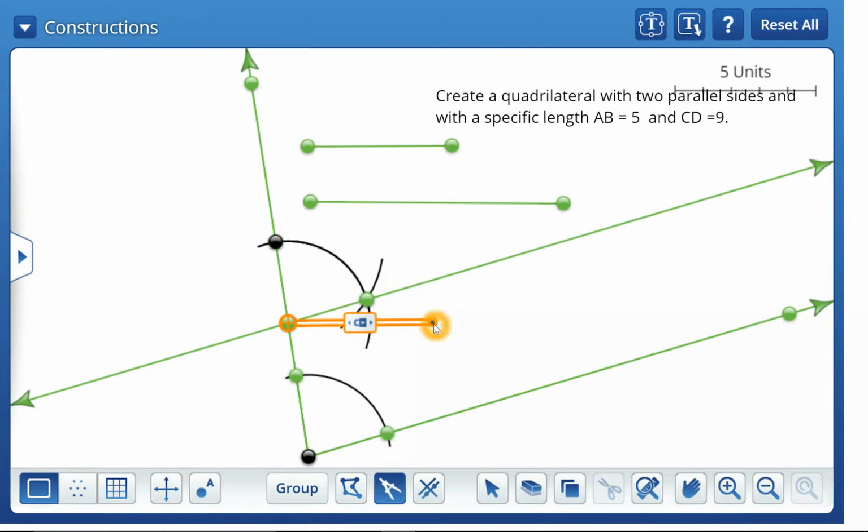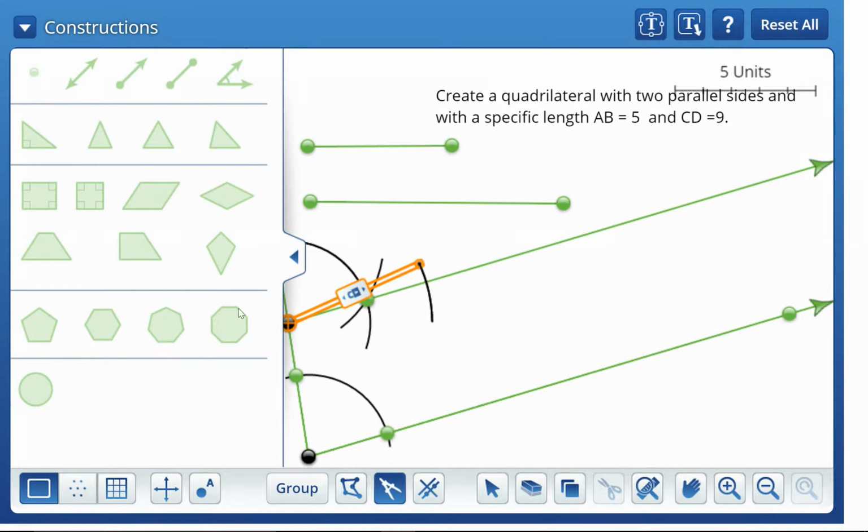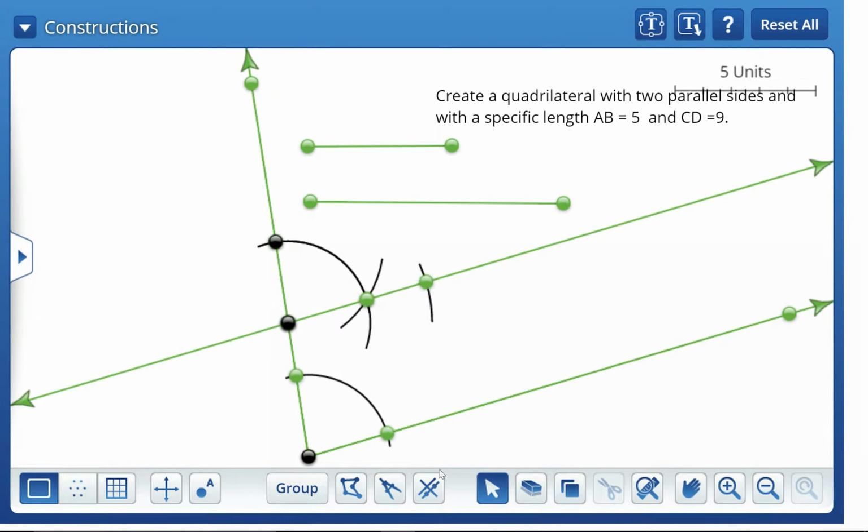Create the arc, and you have a point of intersection. With that point of intersection, we're going to go back and place a point there. Then we're going to do exactly the same thing with the larger set.